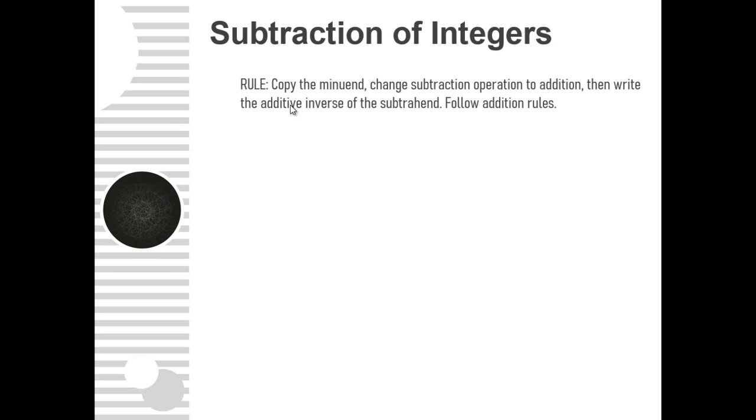For example, negative 1 minus 5. Negative 1 is our minuend. This is minus, read as negative 1 minus 5. This is the operation, and this is the subtrahend, which is positive.